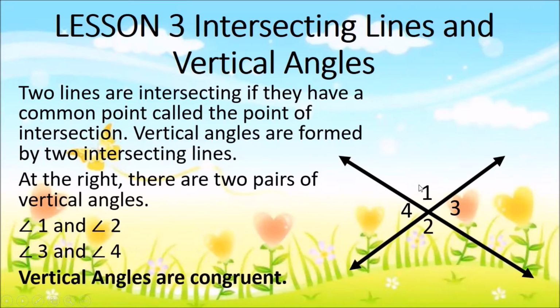So 180 degrees minus 110, if angle 1 is 110, is equal to 70 degrees. And angle 3 and angle 4 are vertical angles, and they are opposite to each other. Therefore, the measure of angle 4 is also 70 degrees. So this is the intersecting lines and the vertical angles.